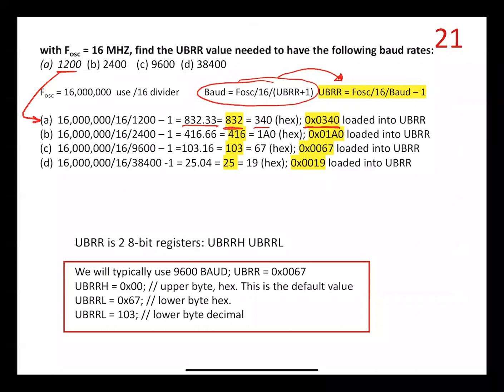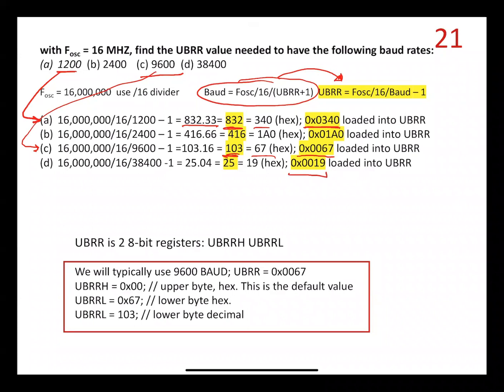If I wanted 9600 baud, then I would have to load 103 into there, which is 67 in hex, which is 0x0067 specified in hexadecimal.